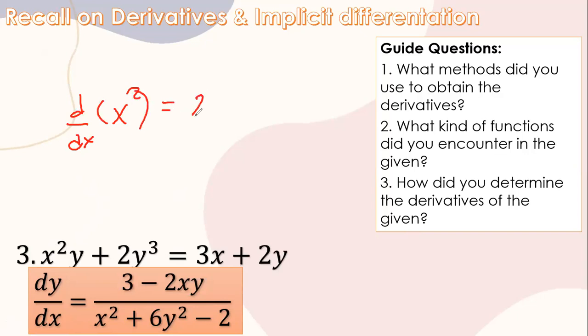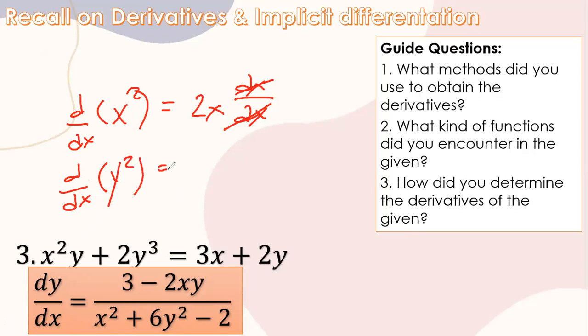Okay? That is 2x lang. So, hindi na natin lalagyan ng dx over dx since ma-cancel lang din yan. So, whereas kapag nagdi-differentiate tayo with respect to x ng ibang variable, for example, y squared, we have the 2y, kailangan pa nating lagyan ng dy over dx.